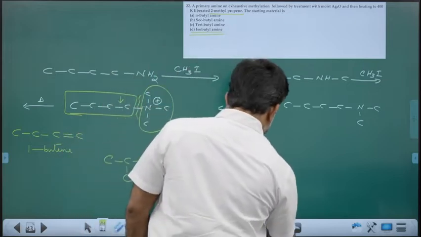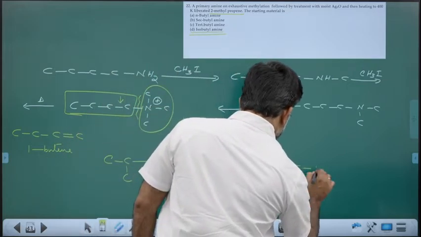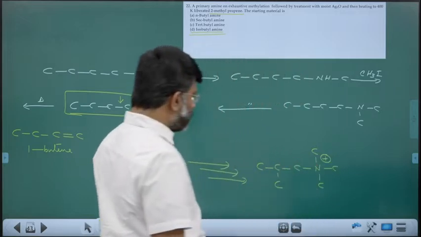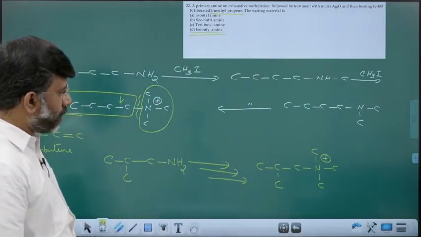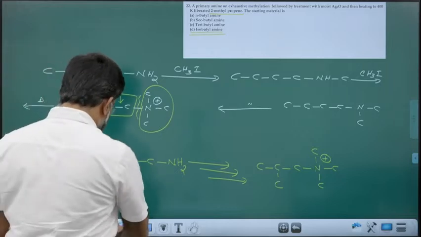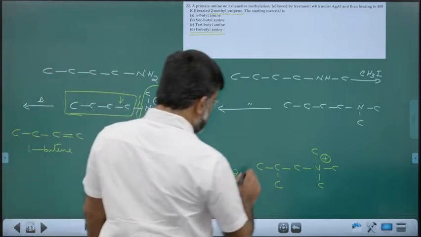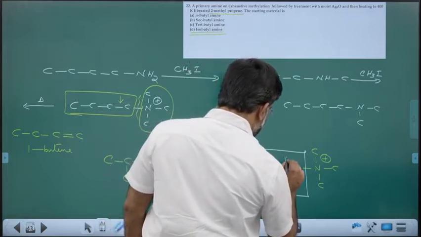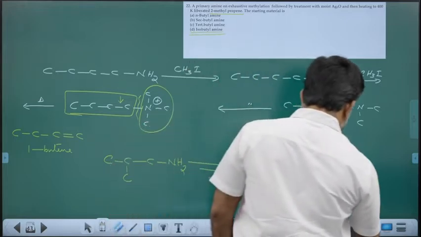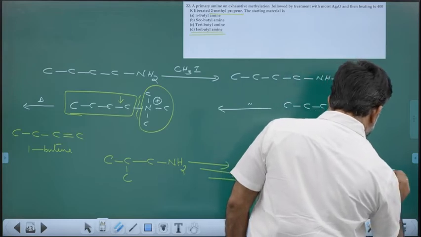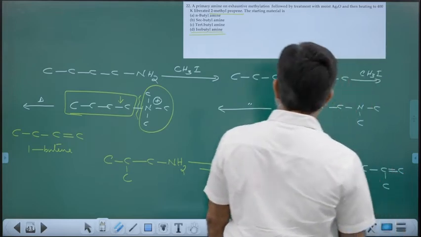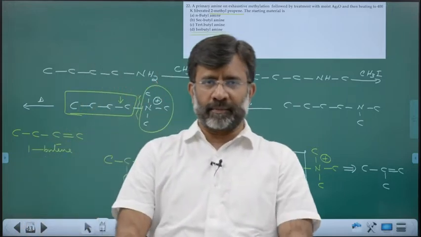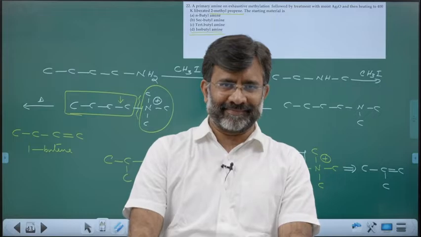The final product is a mere repetition, so I am not writing the individual steps. This is the quaternary ammonium salt you are going to get. Now this part of the molecule will be converted to an alkene, a double bond comes here, and the final product is 2-methylpropene.